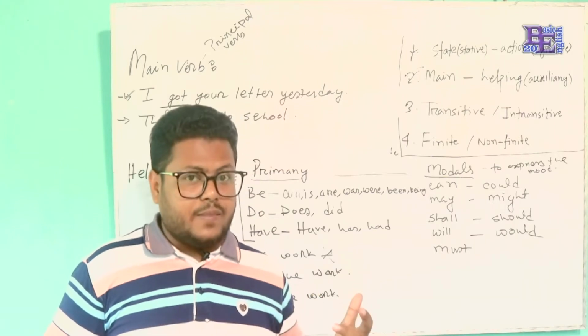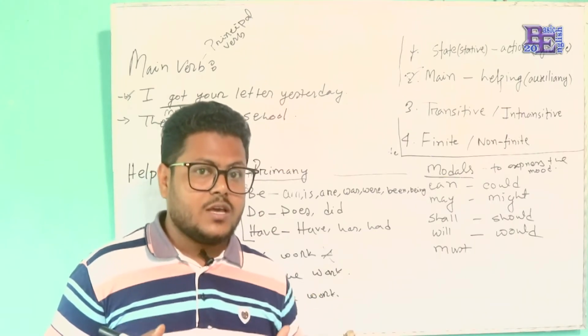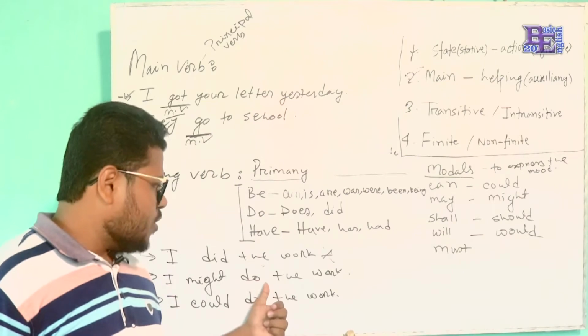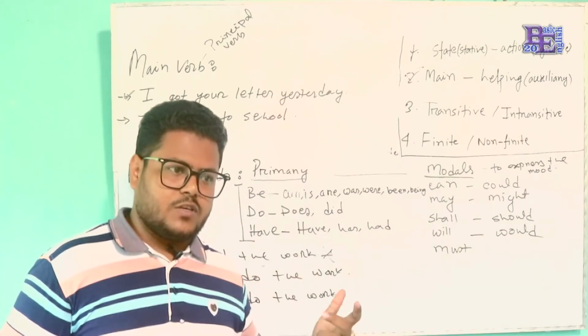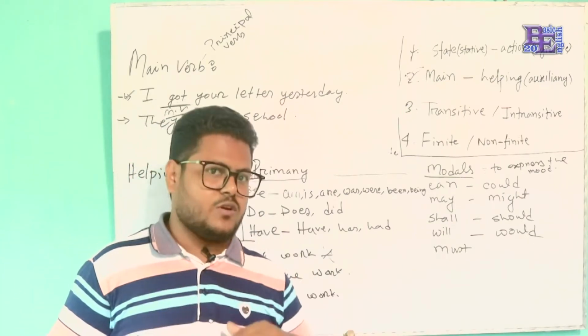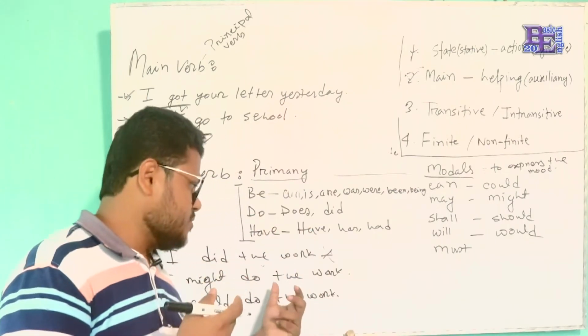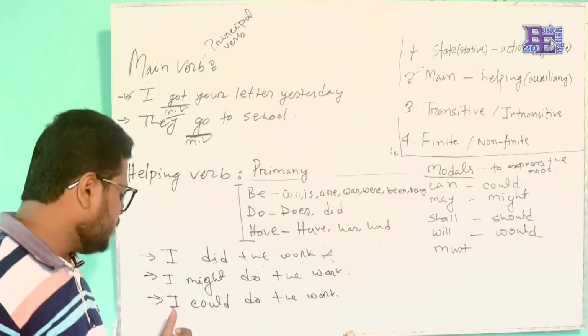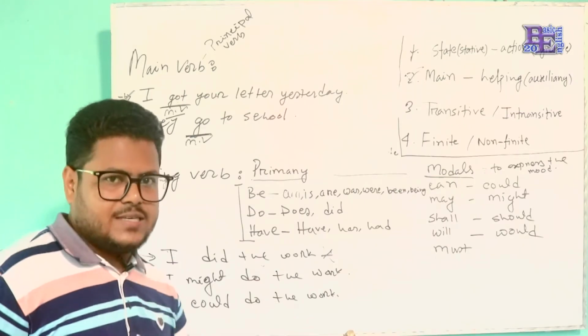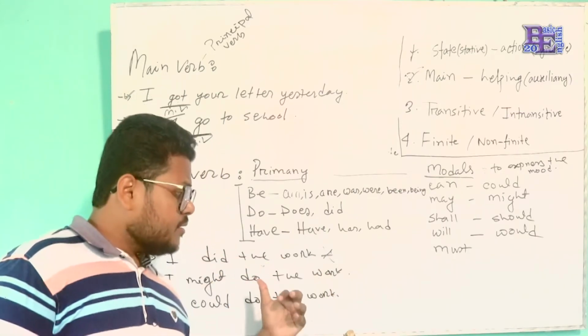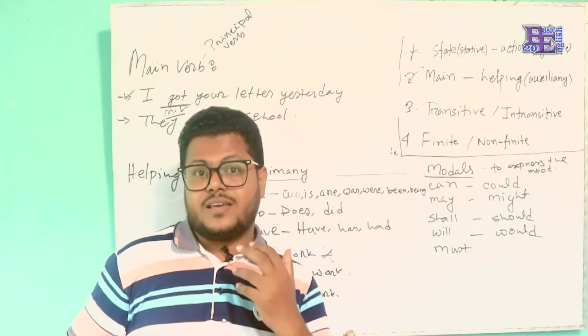So next, if I say I might do the work, that means I am not 100% sure it may happen. So what is the mood? The mood is that the work may happen. You are speaking in a mood that you are uncertain of something. So this is one kind of mood. Another example, if I say I could do the work, here could has been used to express my ability.